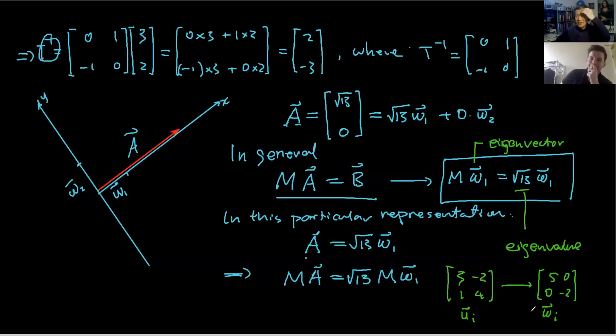So the transformation becomes much easier. The central issue is to find the eigenvalue and eigenvector for many transformation matrices. Remember, that's all.